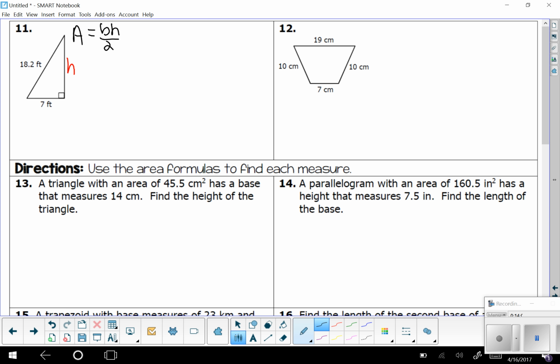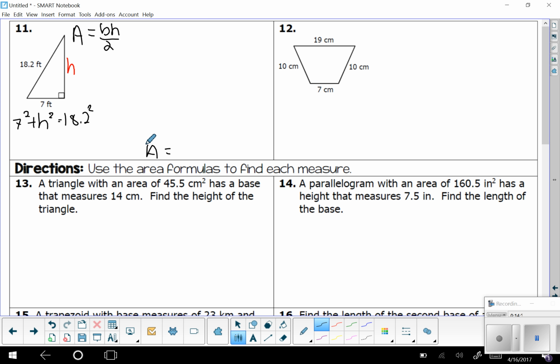Well, Pythagorean theorem. 7 squared plus h squared equals 18.2 squared. And once you do that, you can figure it all out, plug it in. Please, please, please do that. And I'll reveal the answer right here at some point.